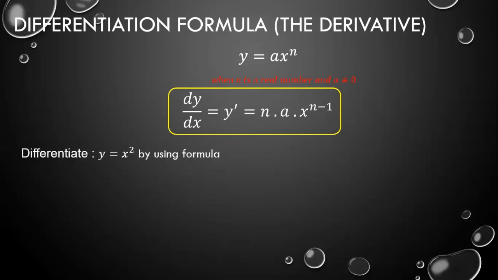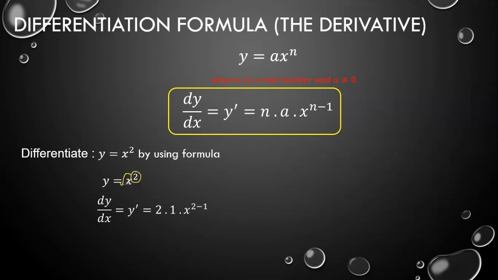Differentiate y equals x squared by using the formula. So y equals x squared, dy over dx equals y prime equals 2 times 1 times x to the power 2 minus 1. Okay, I will show you the process, how to find this. The first is 2, as the power will be multiplied by the coefficient.